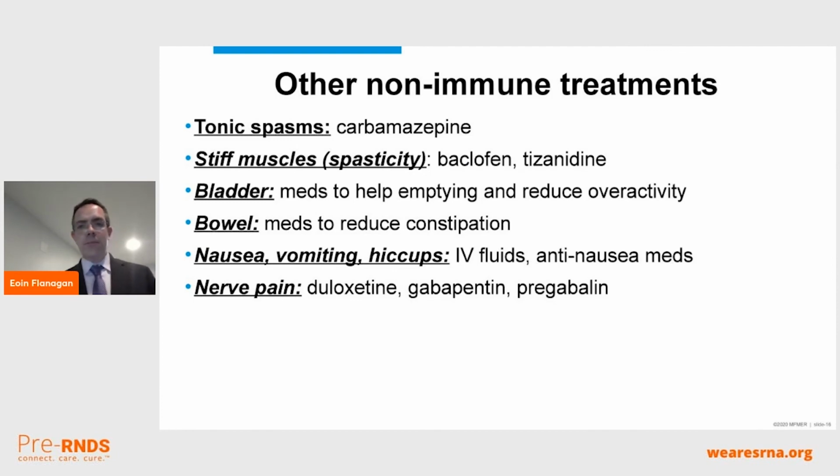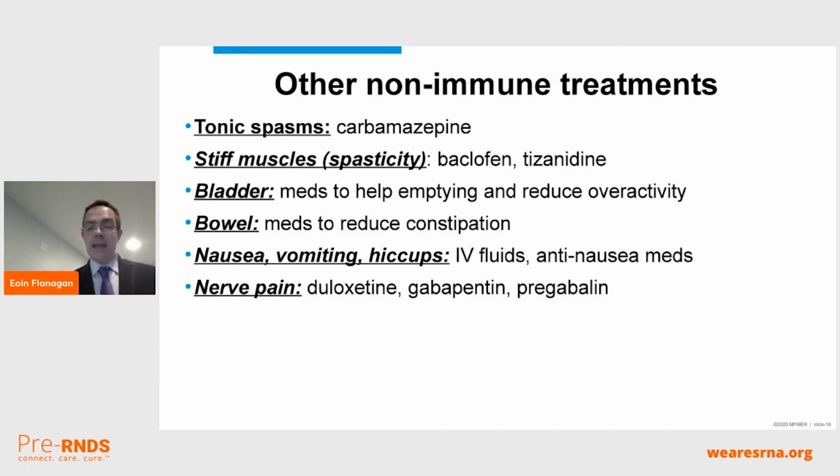There are other treatments that we will do for NMOSD. Sometimes patients can get spasms in their arm or leg where their arm will flex up, lasting about a minute at a time. And that's very responsive to a medication called carbamazepine. So if you develop these spasms that come very painful, sometimes precipitated by movement or increased breathing, that can be helpful.